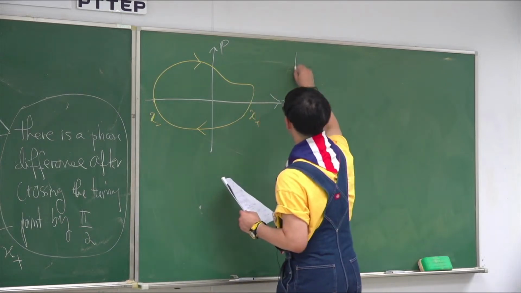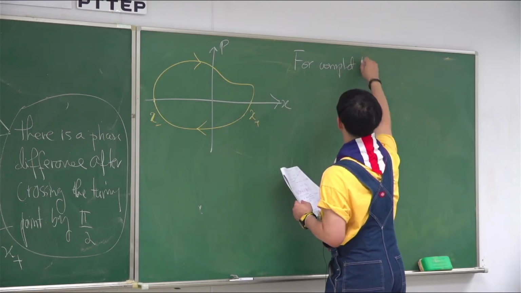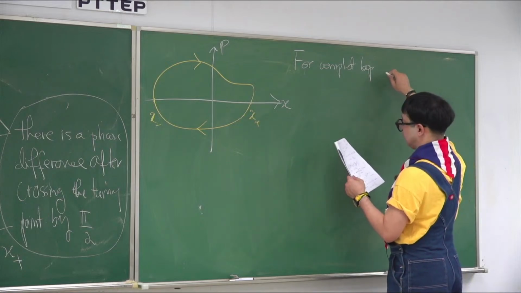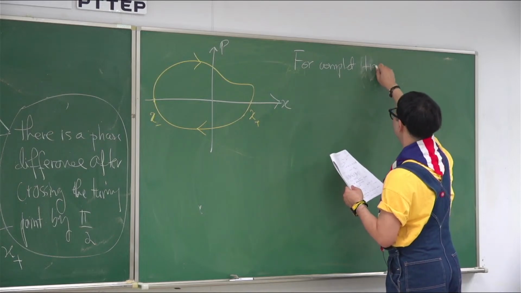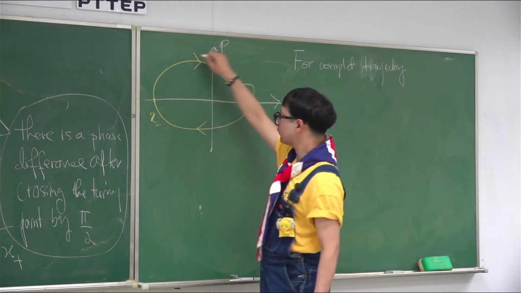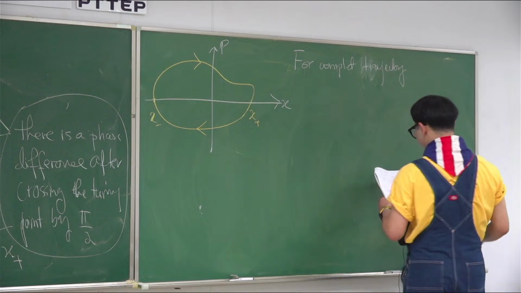For a complete loop, right? Complete trajectory, maybe. I mean, you complete this one loop of the trajectory.